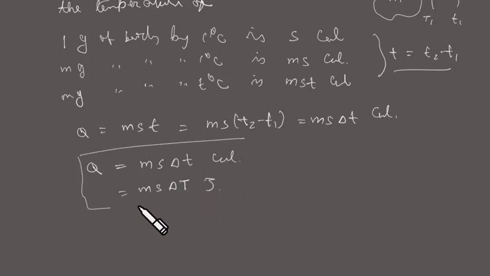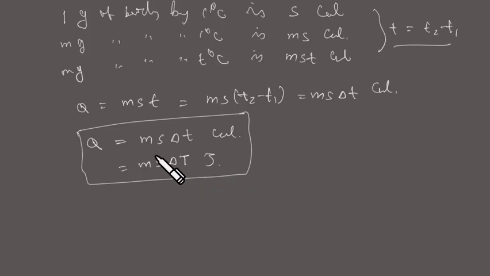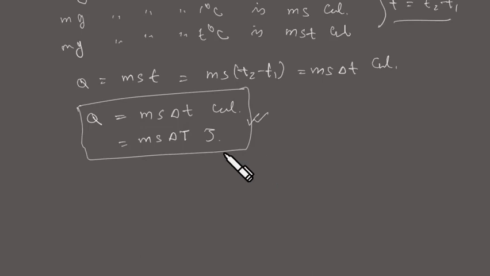That's a very important equation for the amount of heat required to change the temperature of a body of mass m and specific heat capacity S. This is also the basic equation for calorimetry when the temperature is increasing for a body.